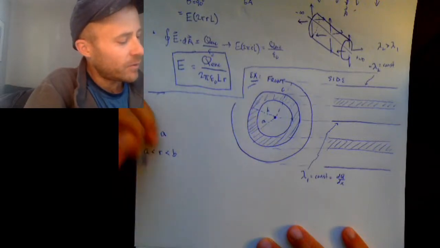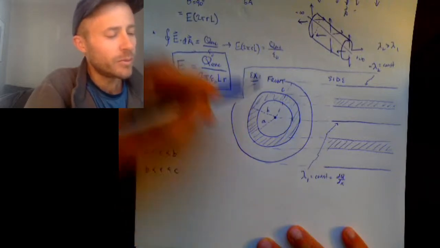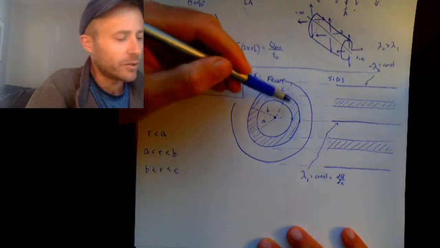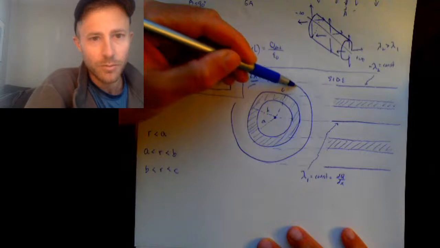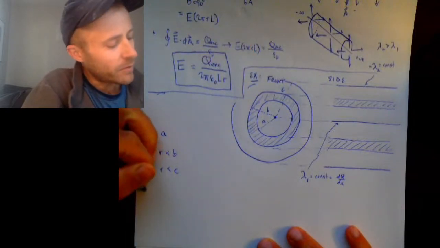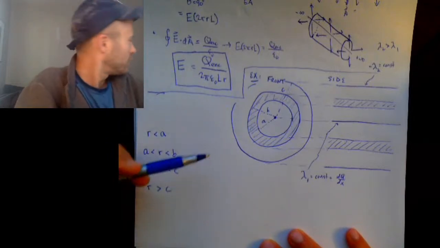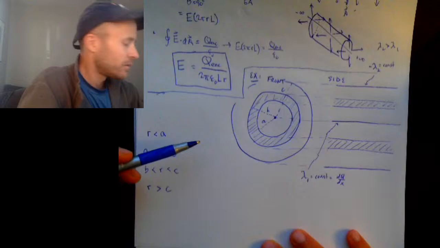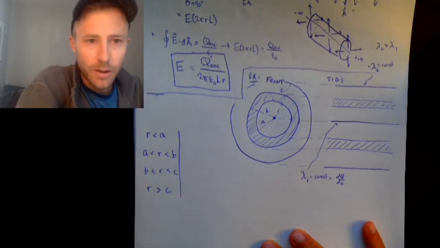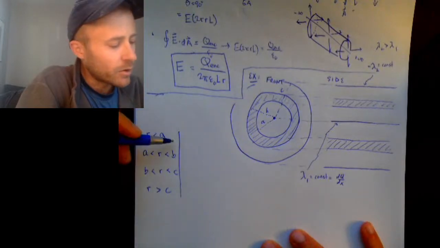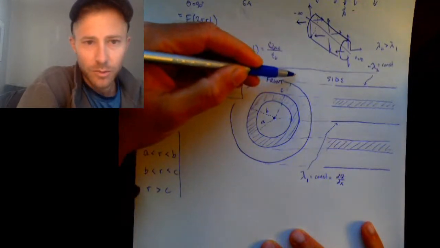Then we have R between B and C, which would be the electric field in the space between the outer wall of the conductor and the outer toilet paper roll. And then we have R greater than C, which is going to be completely outside of the outermost toilet paper roll.